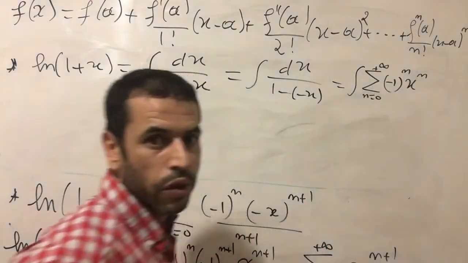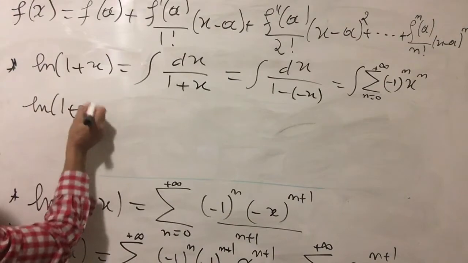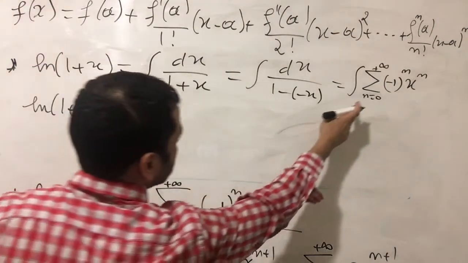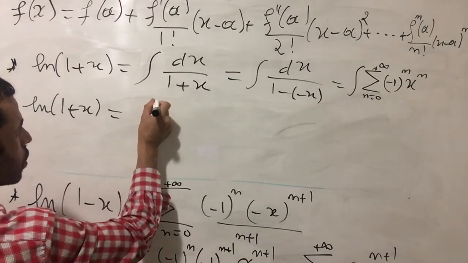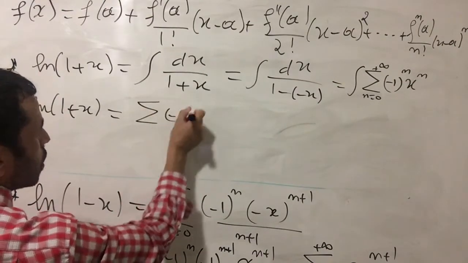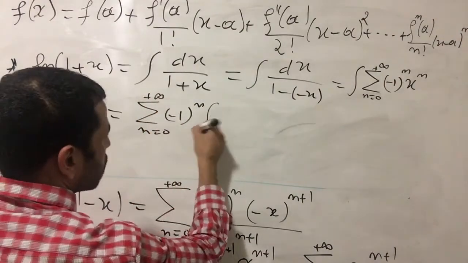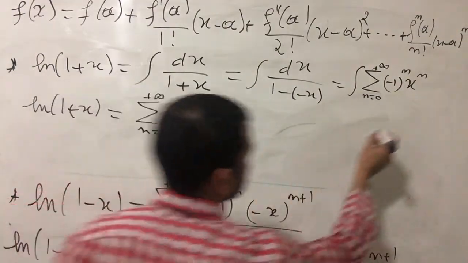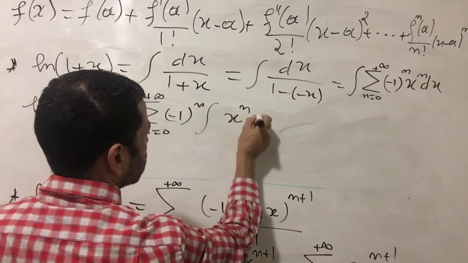So for natural log of 1 plus x, I'm going to bring the sum sign outside of the integral. I will have minus 1 to the n as n goes from 0 to plus infinity, and the integral of x to the n dx.